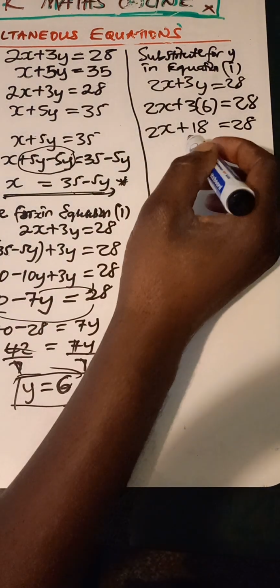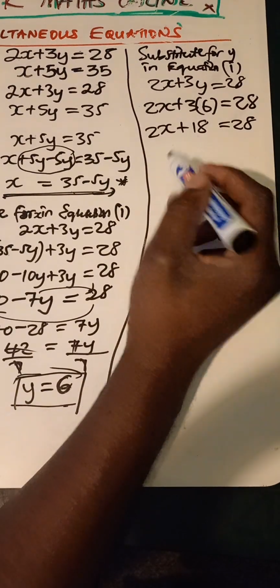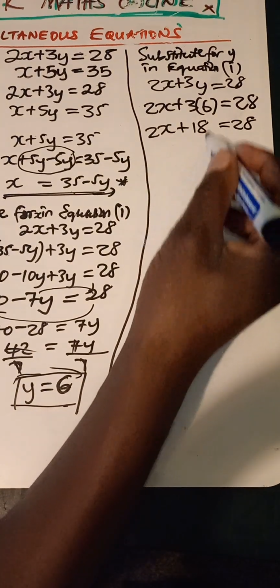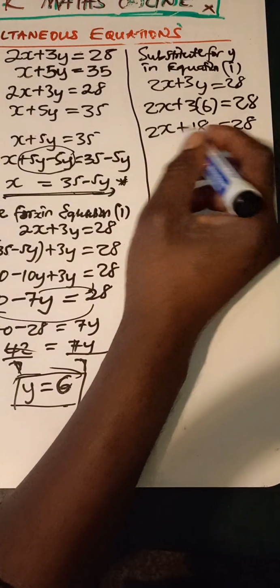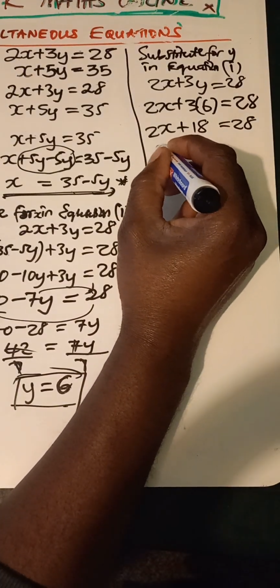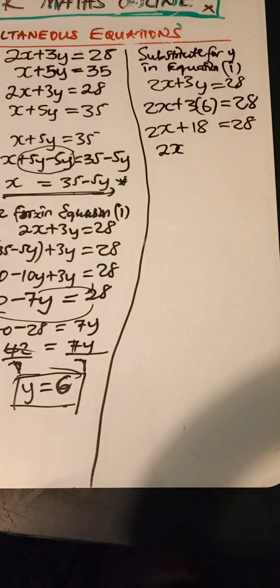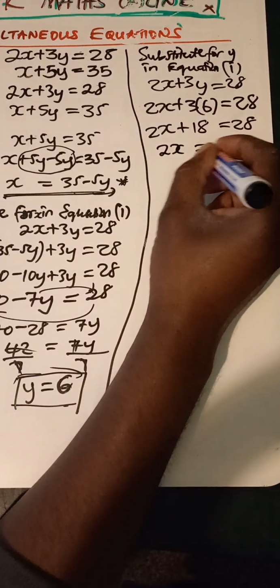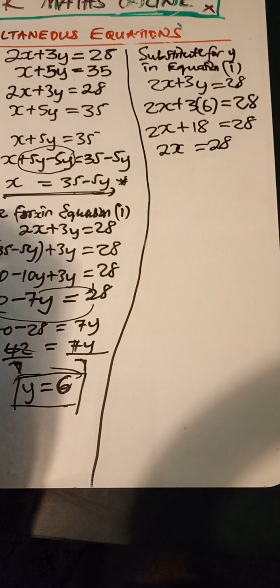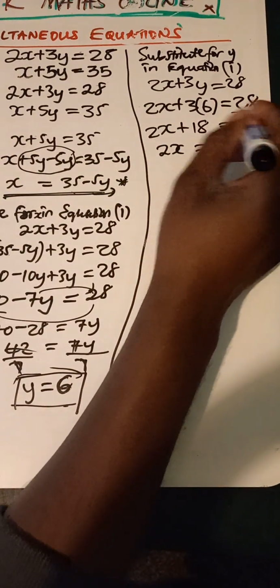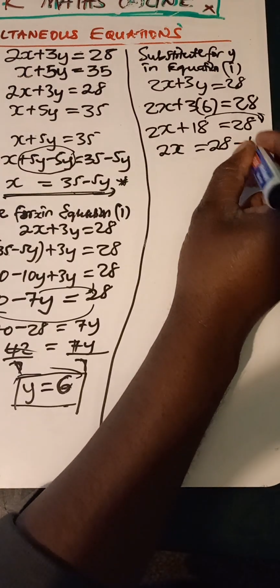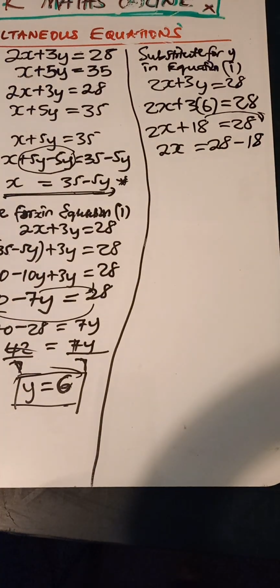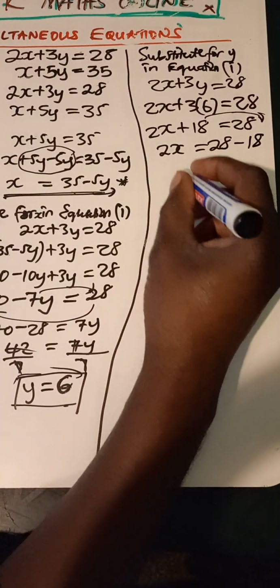So what do we do to move this 18 to this side? We're going to subtract 18 from both sides, which means we will remain with 2x is equal to 28. When 18 goes through to this side, it changes its sign to a minus 18. This is what is going to happen there.